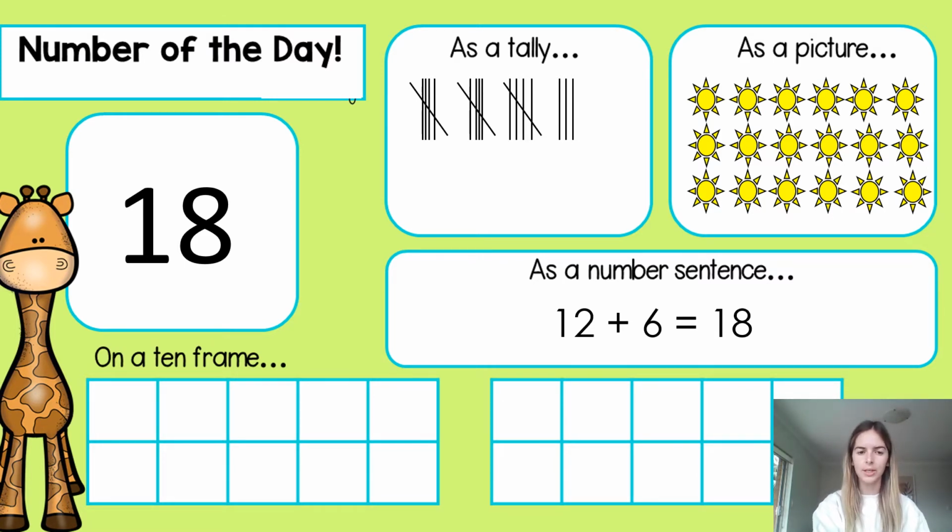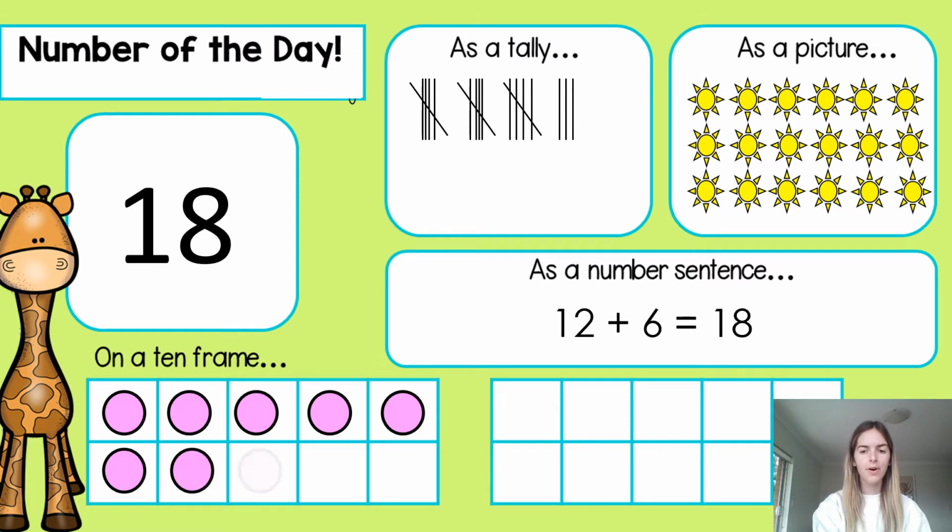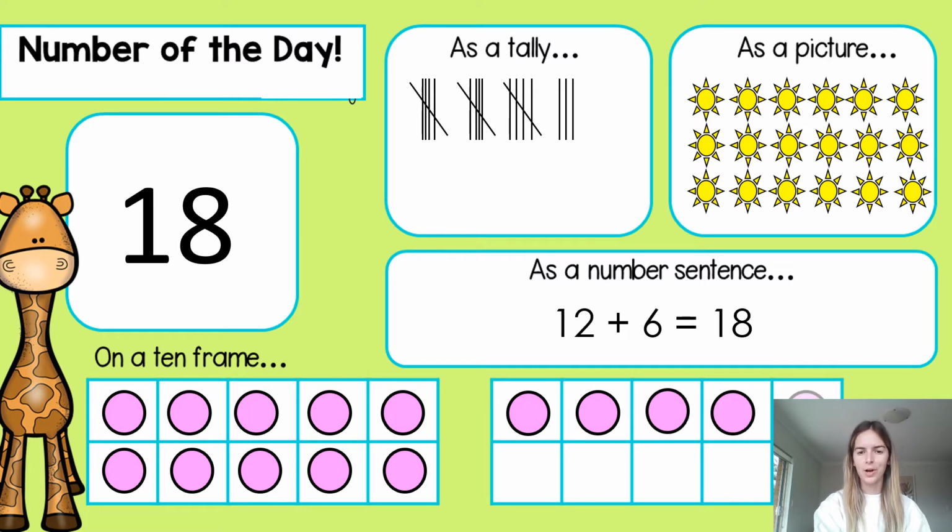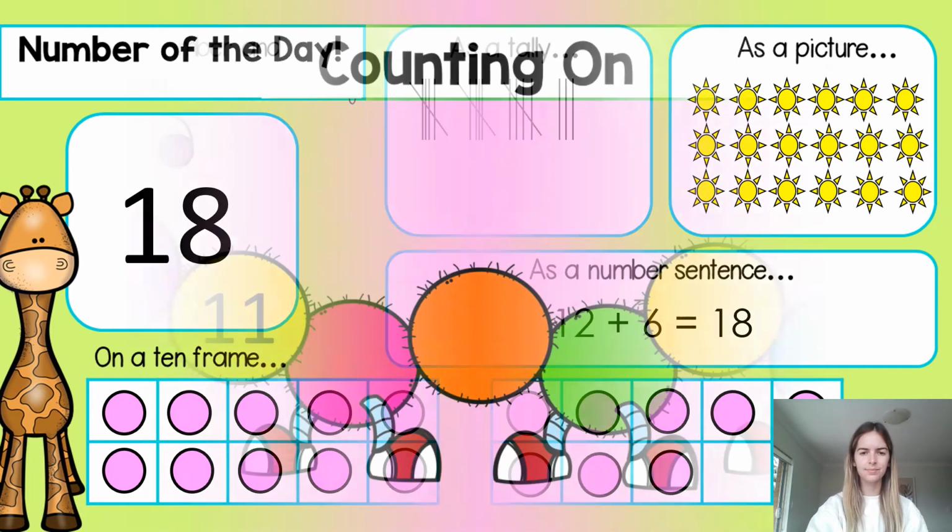So let's take a look at that, counting with me. 1, 2, 3, 4, 5, 6, 7, 8, 9, 10, 11, 12, 13, 14, 15, 16, 17, and 18. And what you can see is that one of my 10 frames is complete. So it's kind of like 10 plus 8, and we know that that is 18.